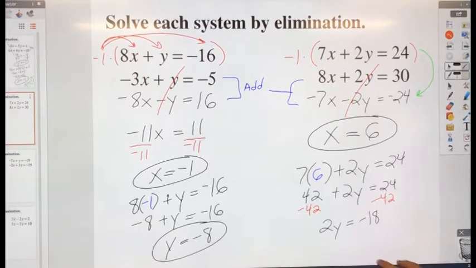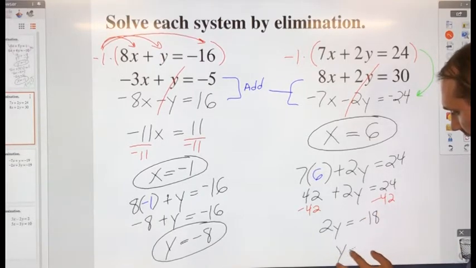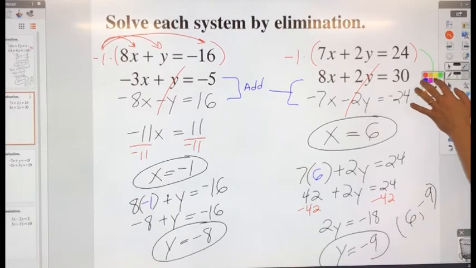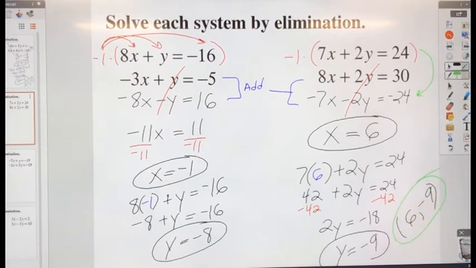And then divide by 2, y equals negative 9. So my solution set should be 6 and negative 9. Which means if I were to graph these two lines, they would intersect at the point 6, negative 9.